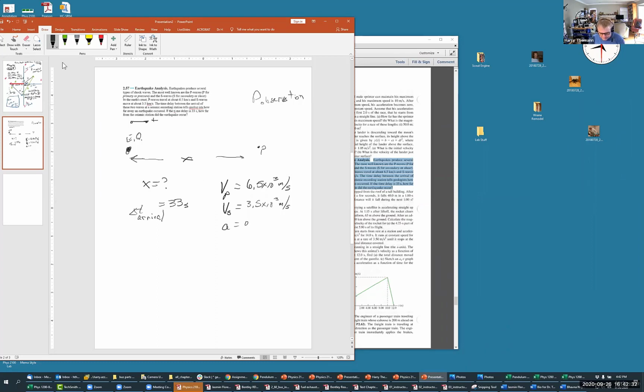So we know that delta t arrival. I have a couple of ideas how to do this. Well, they both are going to go the distance x. They both have an x sub 0 equal to 0. So that is going to be velocity of a P wave times the time of a P wave.